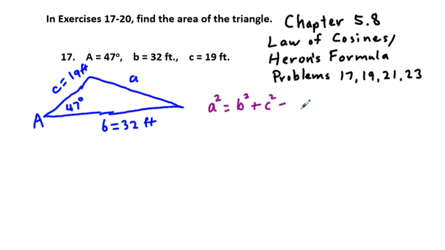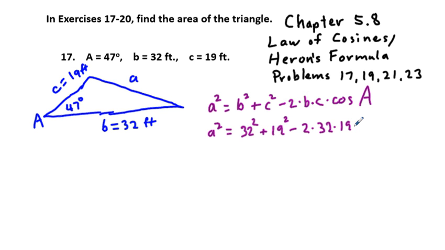And so far, we really have the Pythagorean theorem, and then the adjustment for the angle other than 90 degrees is minus 2 times side B times side C times the cosine of this angle A. So just filling in, we have A squared equals 32 squared plus 19 squared, minus 2 times 32 times 19 times the cosine of angle A, which we're given as 47 degrees.